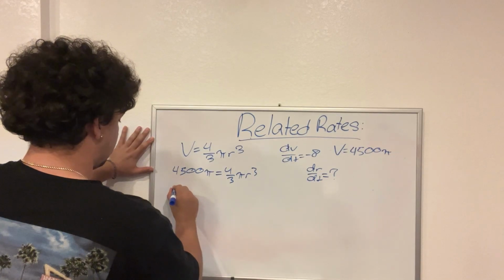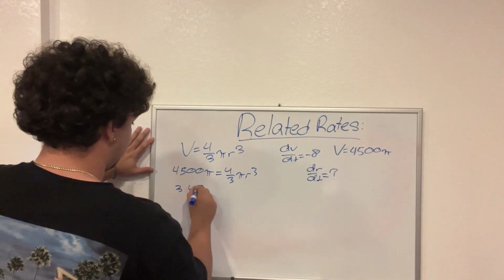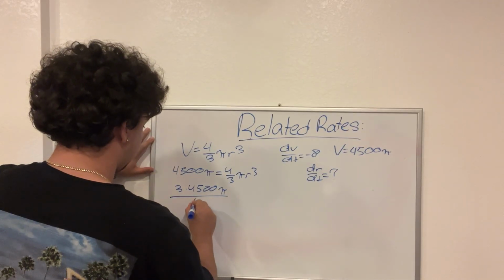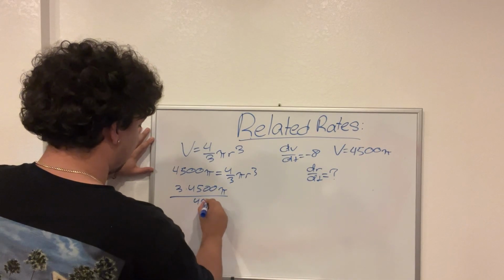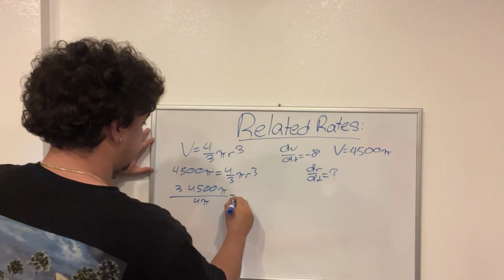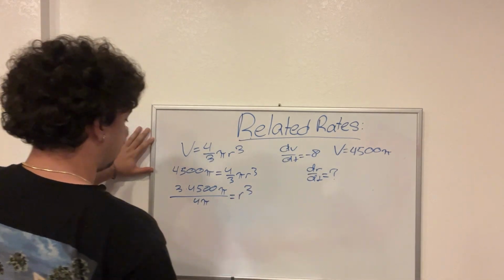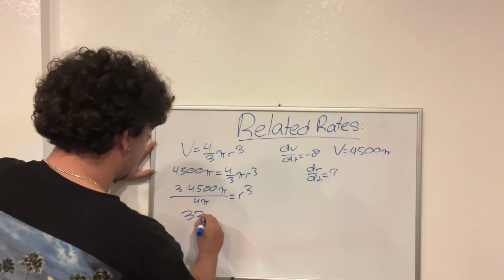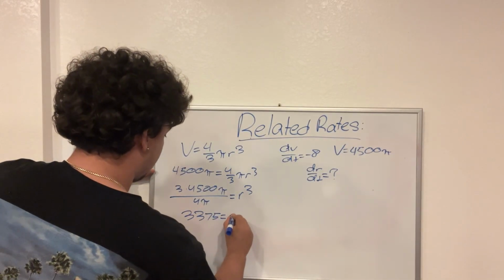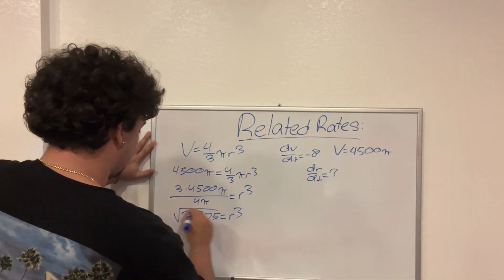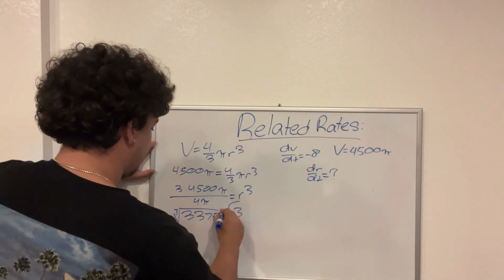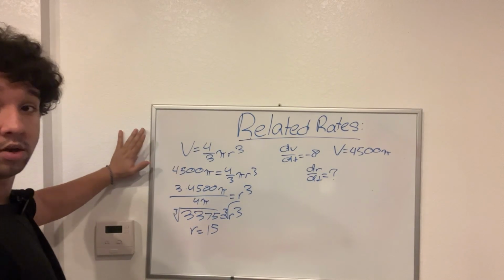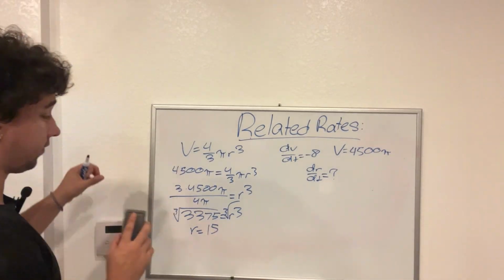So this is 3 times 4,500 pi over 4. I'm going to divide by pi, which is equal to r cubed. This all ends up equaling 3,375, which is equal to r cubed. Taking the cube root of both sides, I get r is equal to 15. Now I have all of the variables that I need.